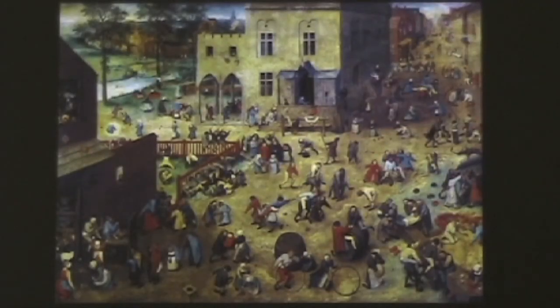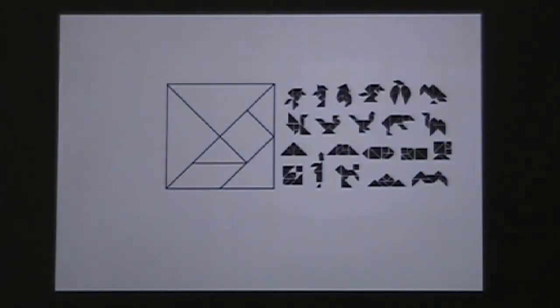This painting by Bruegel really inspired us as a place of gathering, a community space. The city needed a community space where they could have their social life that at that point they were not having. So also the game of the Tangram was a reference for our work.